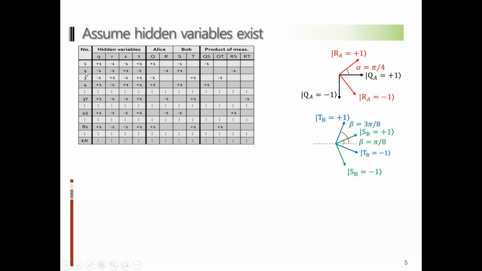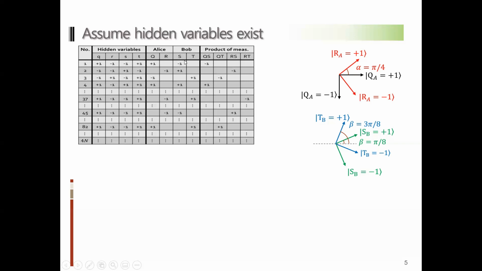For the second trial, Charlie again randomly chooses the QRST values like this one. We know that all the possible combinations of QRST values are 16, because there are only two choices for each of the QRST. Still, Alice and Bob do not know this value in advance. So Alice this time chose to measure in the R basis, and she obtained -1.